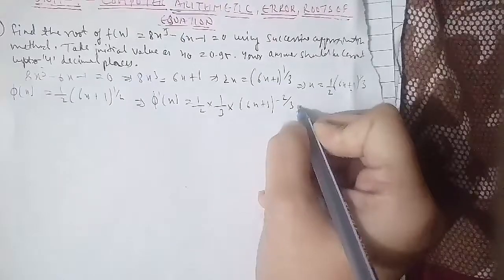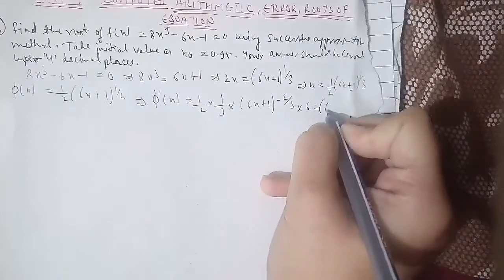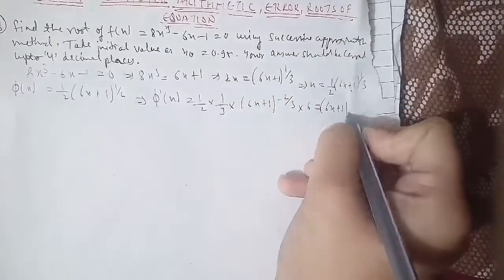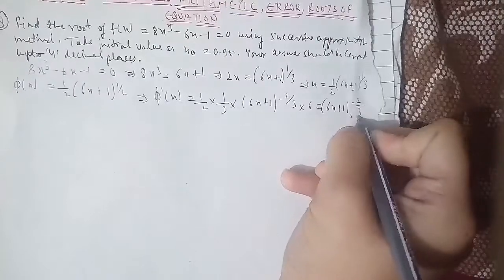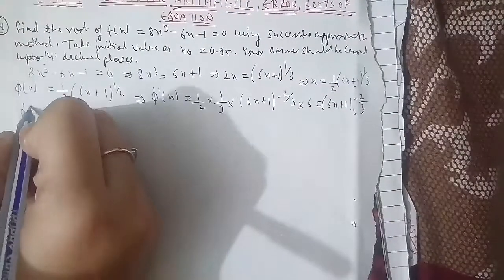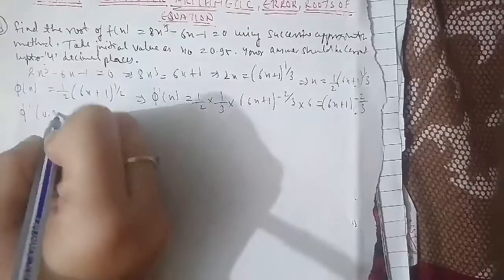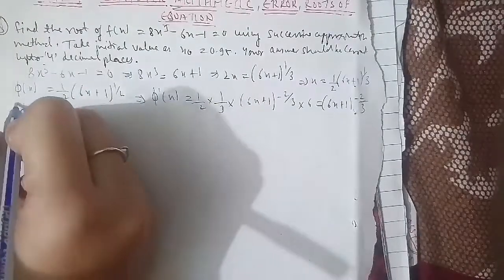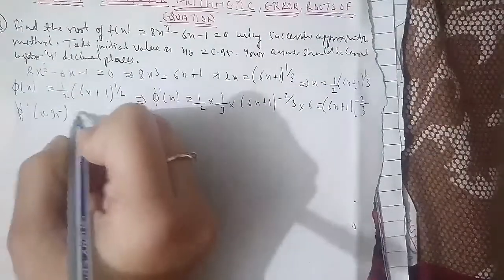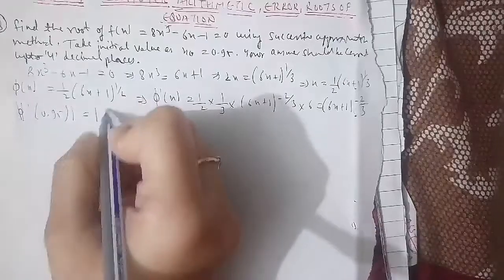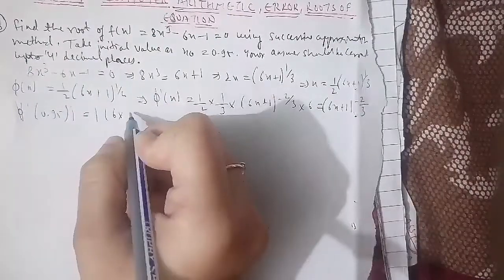Then φ'(0.95) = (6 × 0.95 + 1)^(-2/3), which is 0.281, less than 1.